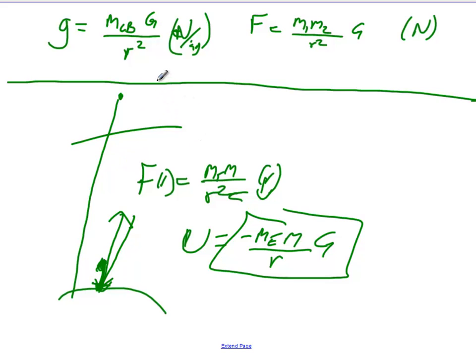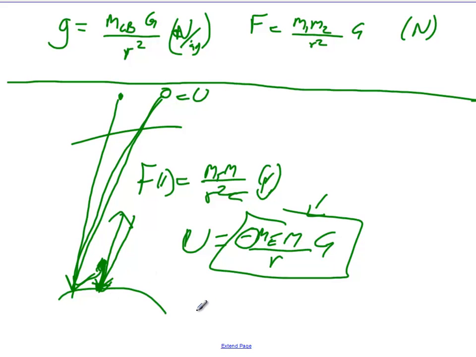Which means the further and further away you get from Earth, the closer you get to zero U, zero gravitational potential energy. That's another abbreviation for it. As you get closer to Earth, this fraction gets bigger, but since it's negative, the value is actually getting smaller. So the gravitational potential energy decreases even though its magnitude becomes bigger.